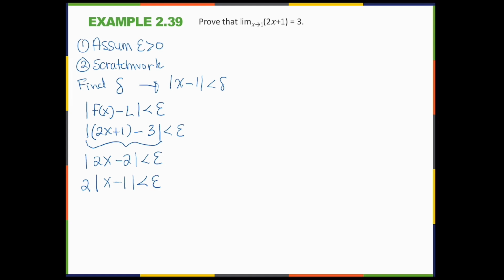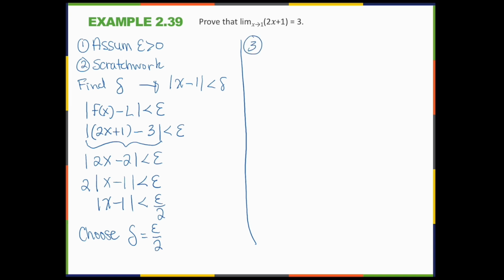Then when I isolate the absolute value of x minus 1 and divide both sides by 2, I get on the right-hand side epsilon over 2. So we're going to choose our delta to be epsilon over 2. Okay, so that's our scratch work.